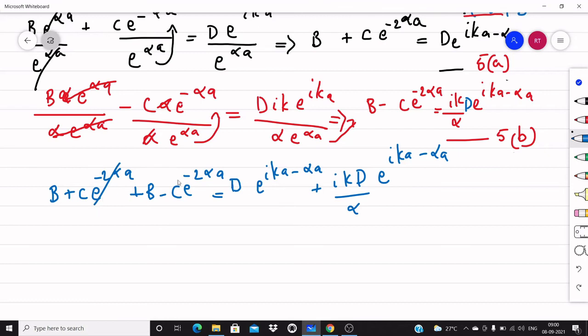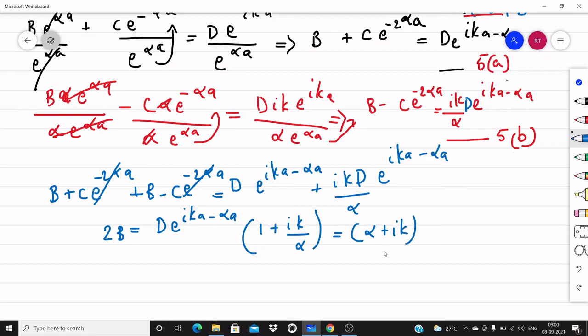So you have 2b is equal to, take d e raised to i k a minus alpha a outside, so you have 1 plus i k by alpha. Take LCM, that is alpha plus i k divided by alpha, into the common term d e raised to i k a minus alpha a.